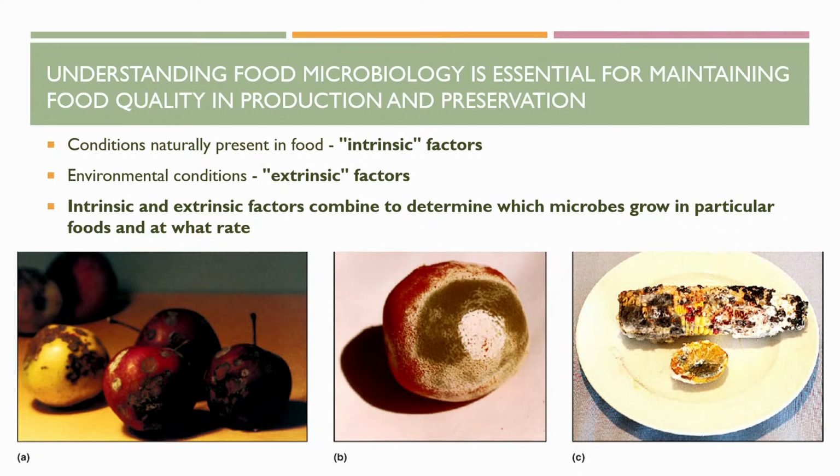So conditions that are naturally present in the food are called intrinsic factors, and environmental conditions like temperature and pH are extrinsic factors. And together these combine to determine which microbes grow in which foods and at what rate.